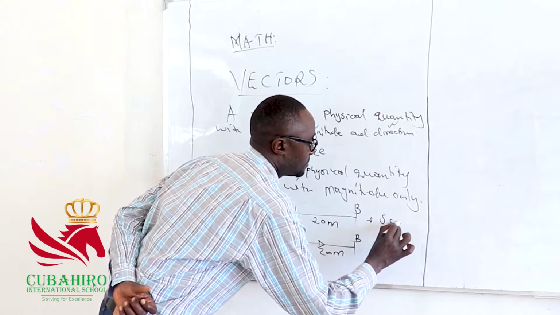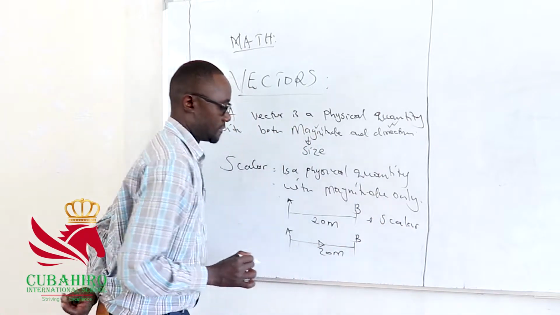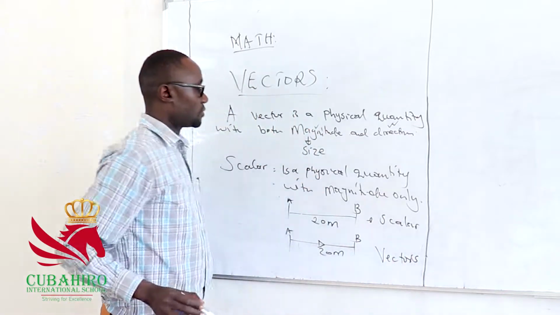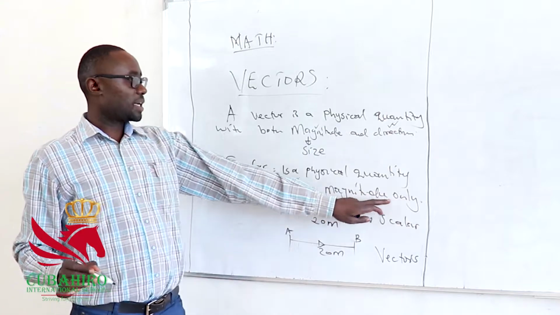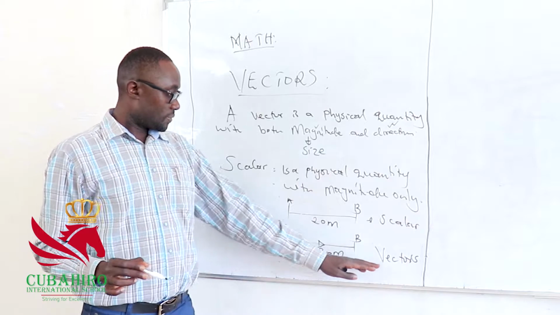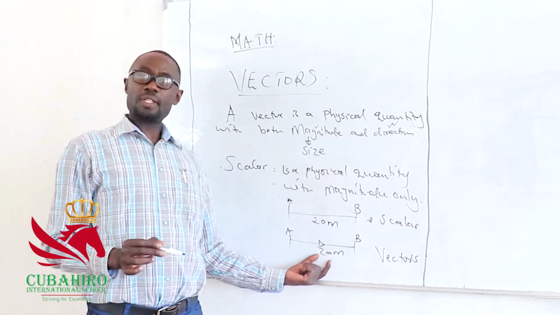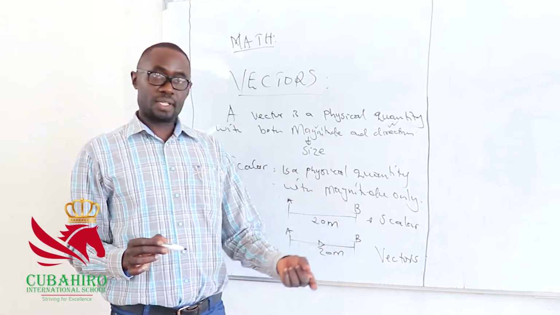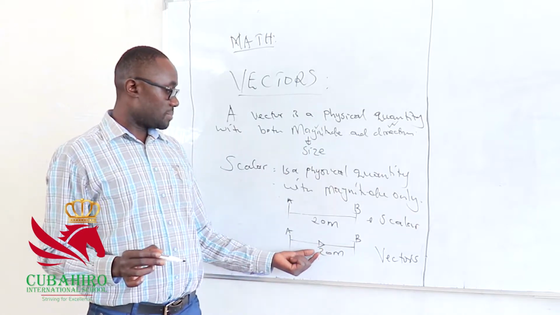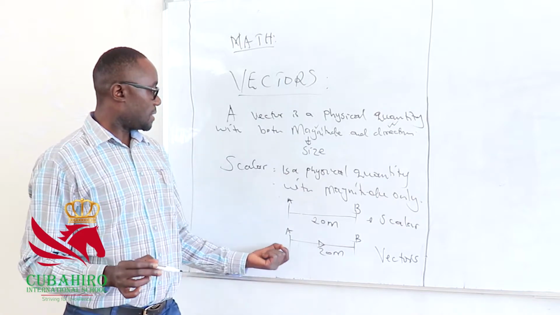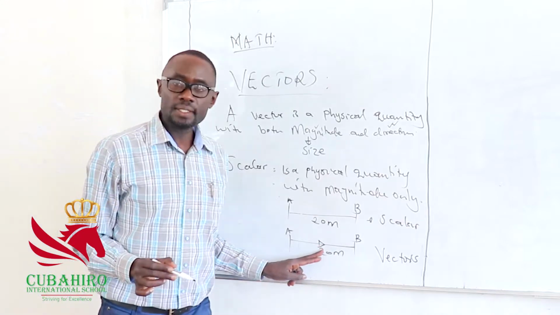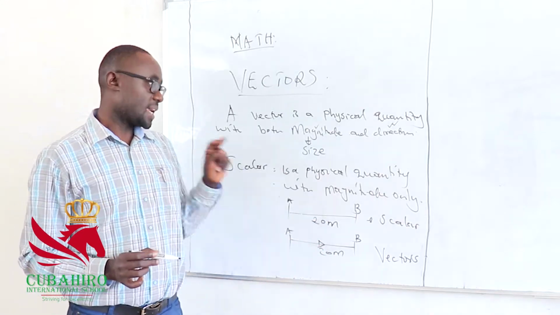And this is a vector. The scalar has magnitude only, the magnitude 20 meters. But for a vector, in addition to the 20 meters, there is the direction, which is indicated by the arrow. So that is the main difference between these two. One is a vector, and the other one is a scalar.